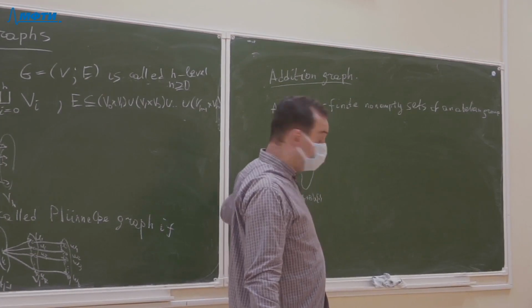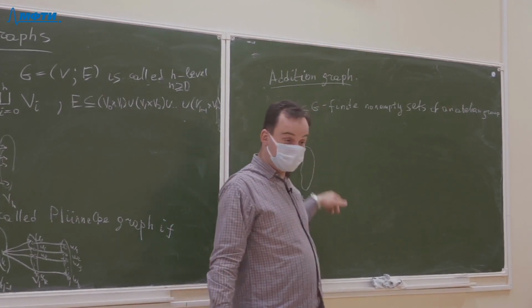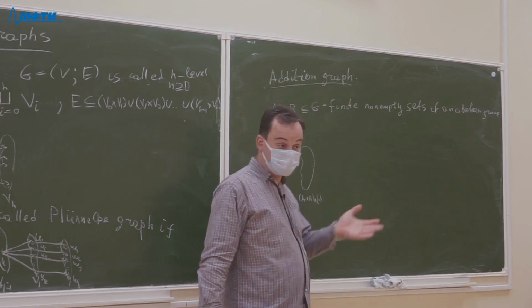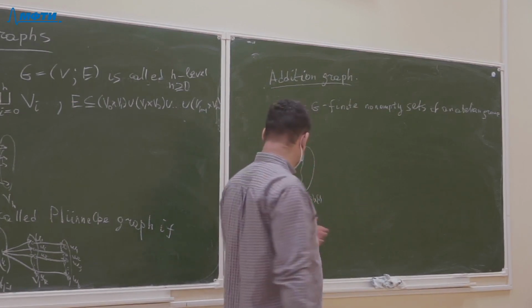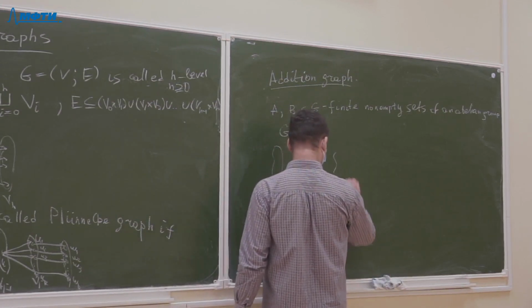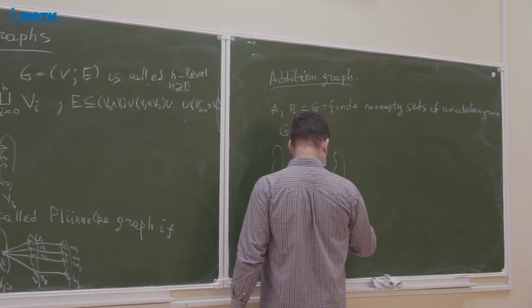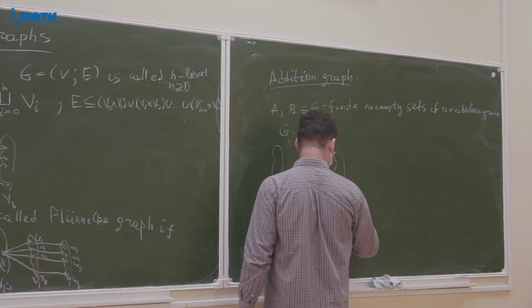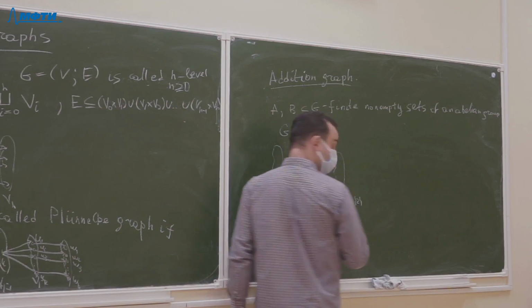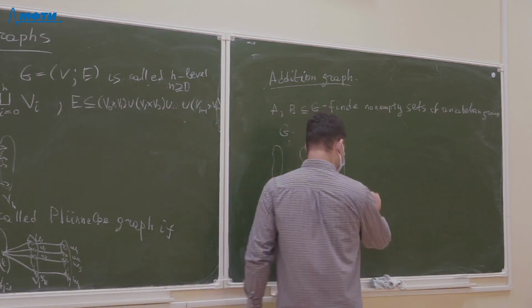We need these levels to be non-intersecting, right? But A and A plus B are not necessarily non-intersecting sets, right? So we introduce the second component, till H.